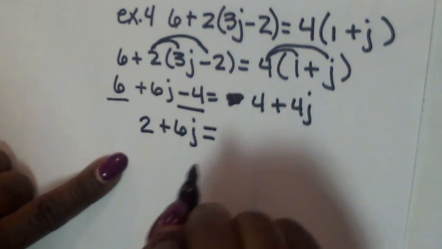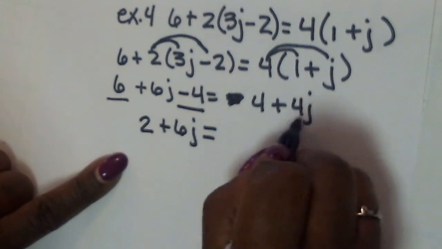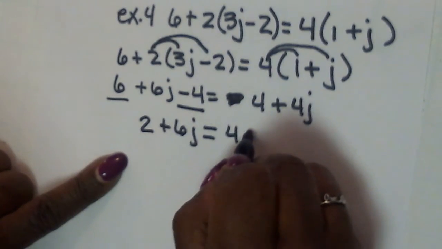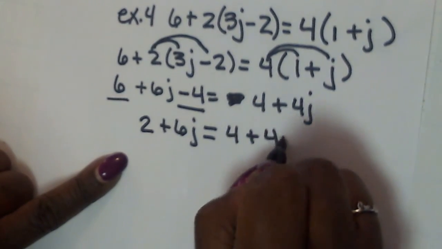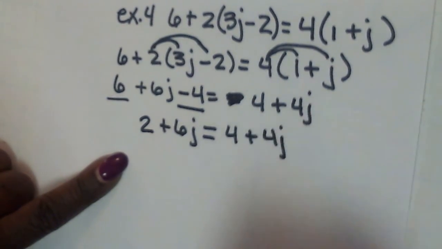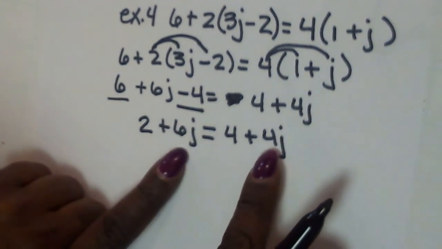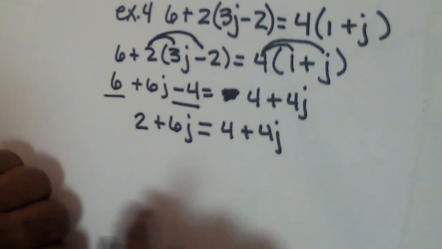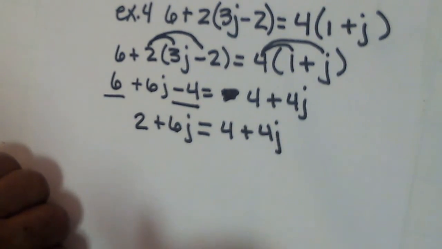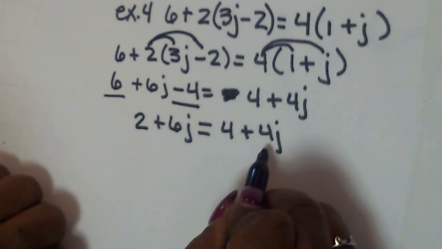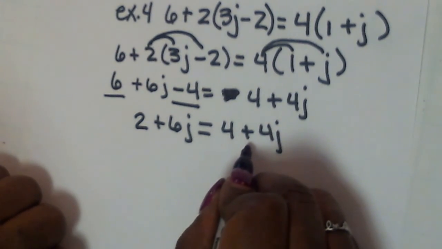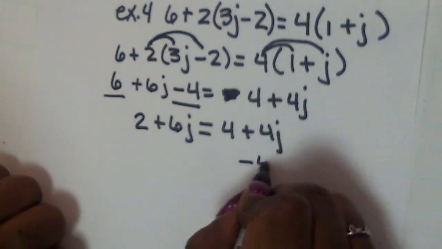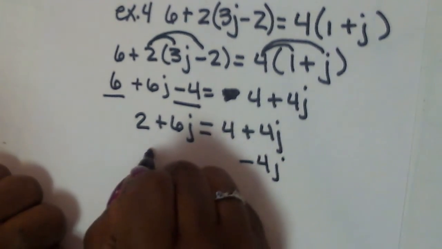One set of equal signs this time, and I'll just bring this side down because I really haven't done anything there. And there's no like terms to add. So now I have variables on both sides of the equal sign, so that means I need to move them. So I have it on one side. Move the smaller term, and it's asking me to add, so I'm going to subtract 4j on both sides.